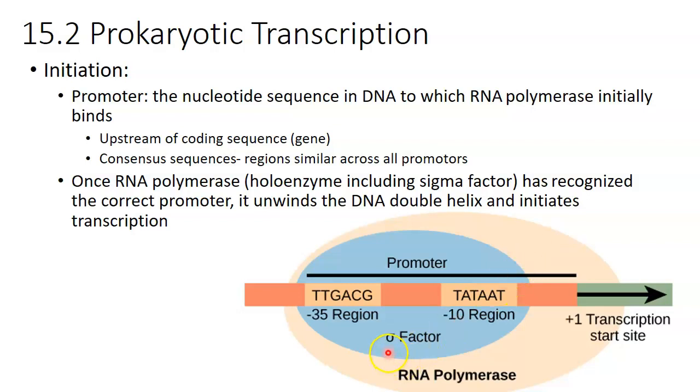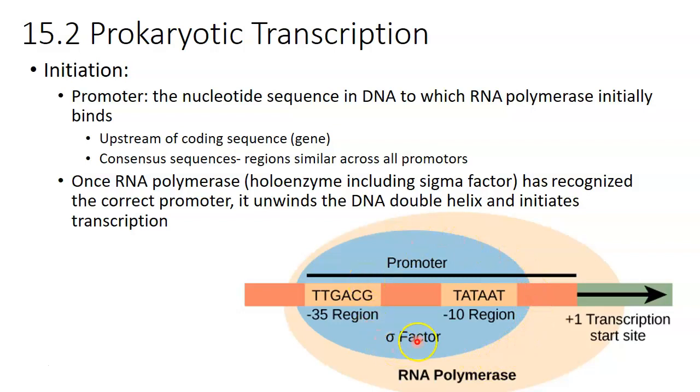For example, this blue protein here is called sigma factor. This is part of what we call the holoenzyme. There are actually more proteins than just the sigma factor. They're all required to correctly recognize the promoter and for the RNA polymerase to actually bind here. So it's not just RNA polymerase that binds, it's a whole bunch of other factors.